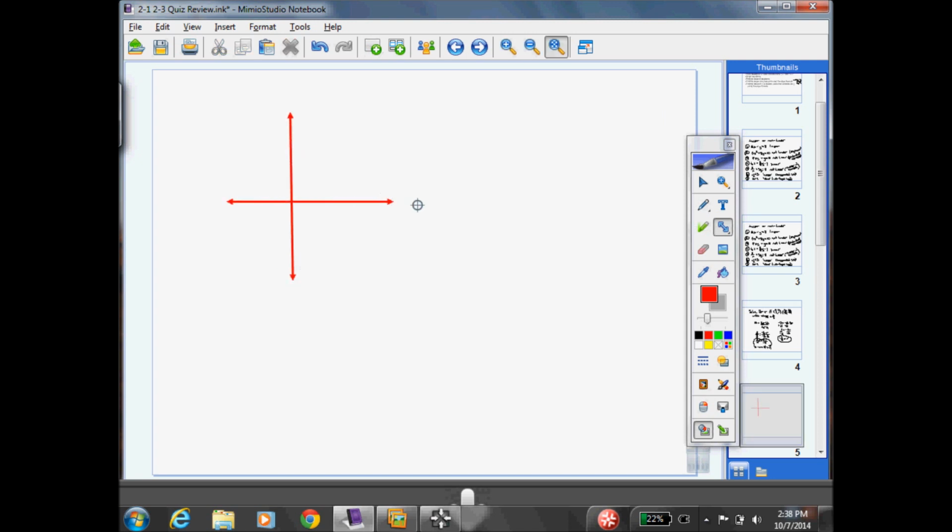If this is an x and y axis, and I have something like that, is that one going to be a function or not a function? It's a function because all of the vertical lines will hit only one point. All the vertical lines you could possibly draw would hit only one point. So it's a function.